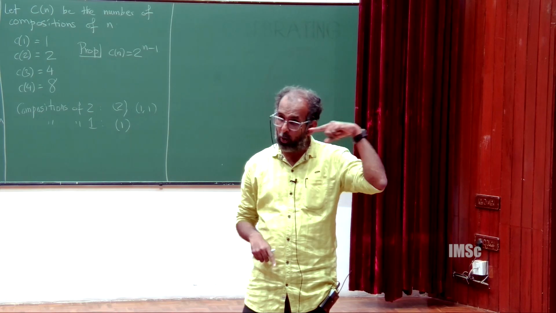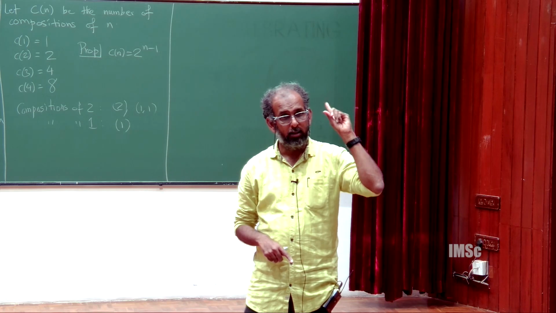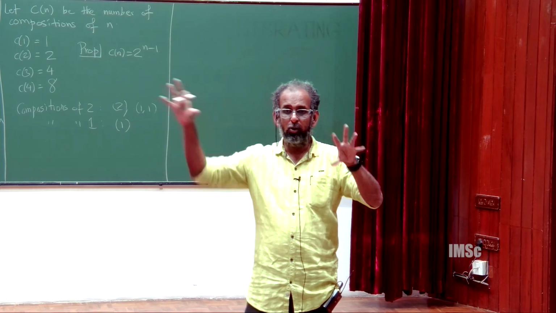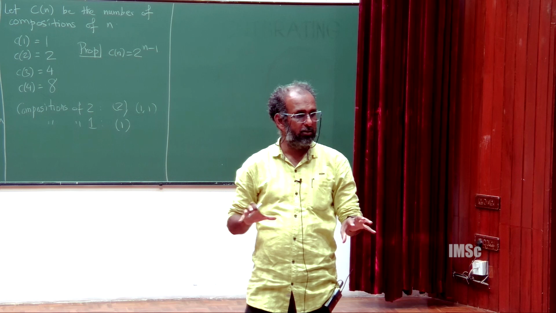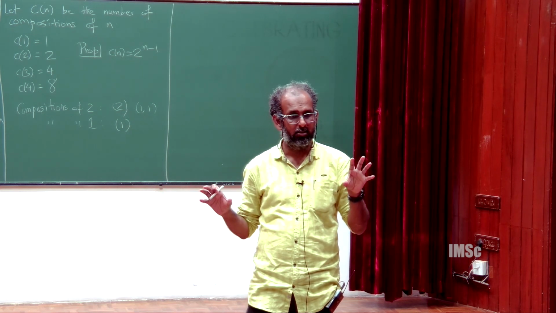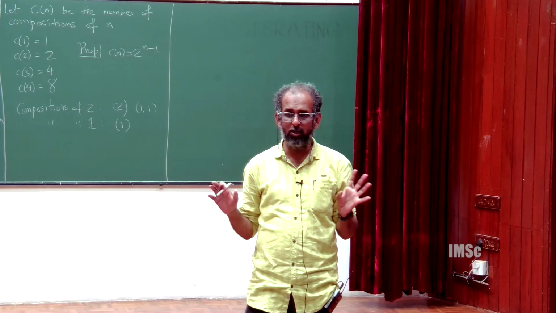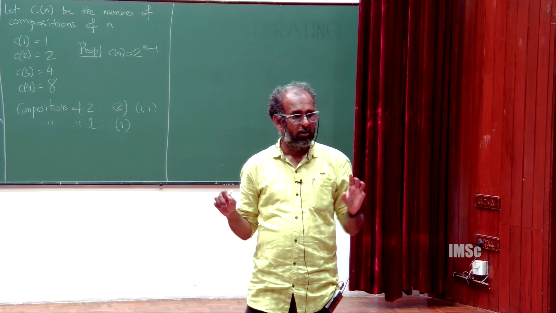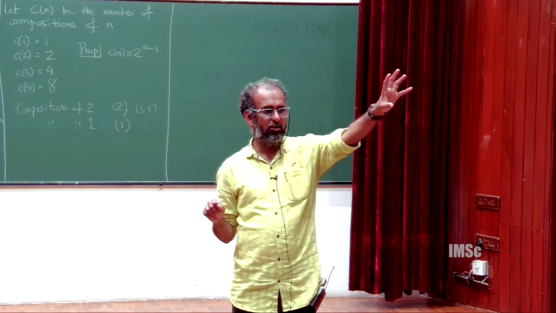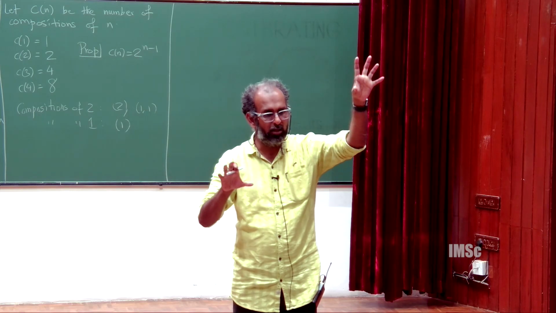And you have to think a little to convince yourself of 2 things. First of all, you get all compositions this way, number 1. And number 2, no 2 compositions from 2 different blocks are equal. This is a disjoint collection. Can you convince yourself of the disjointness? If I have a composition starting with 1 and a composition starting with 3, can they possibly be equal?